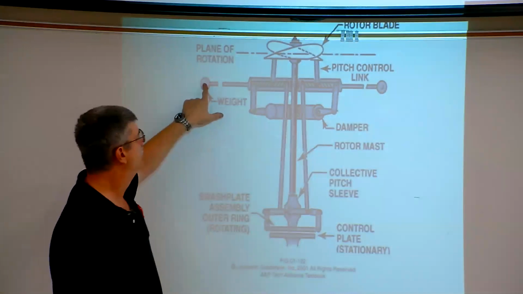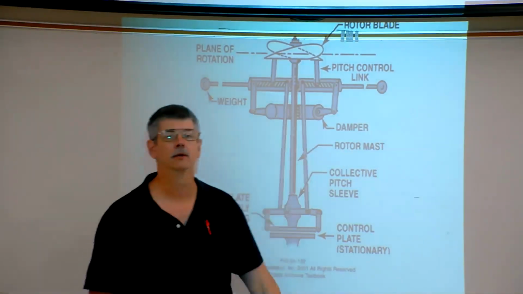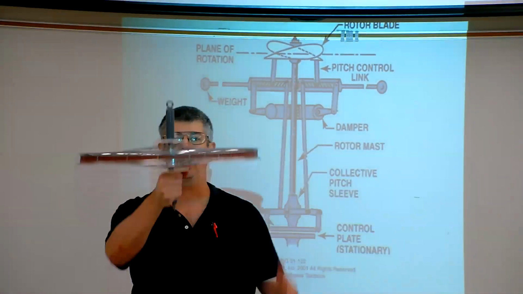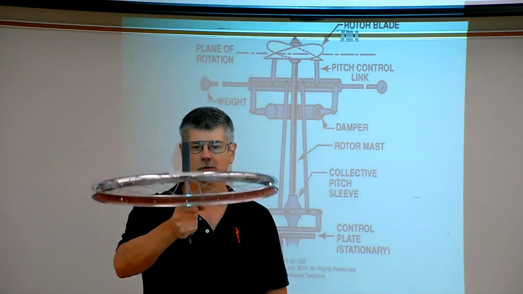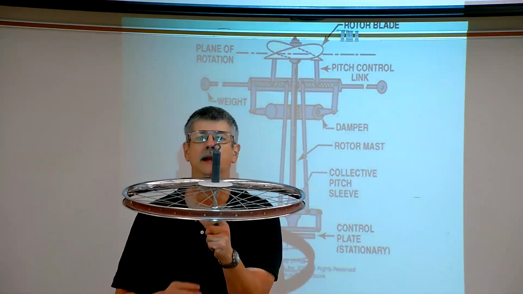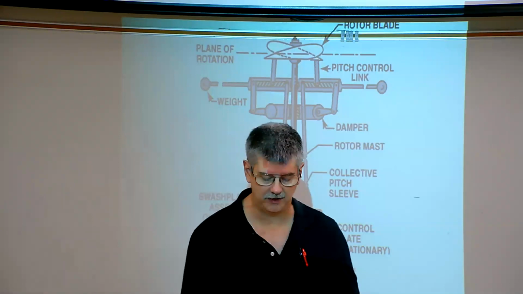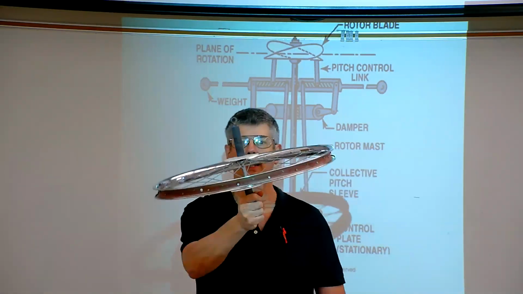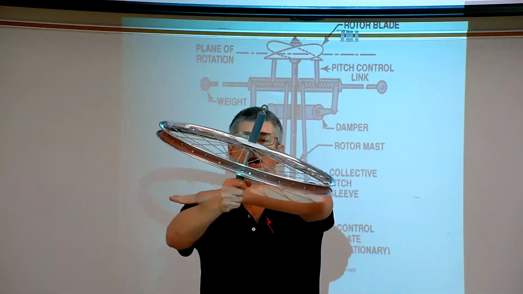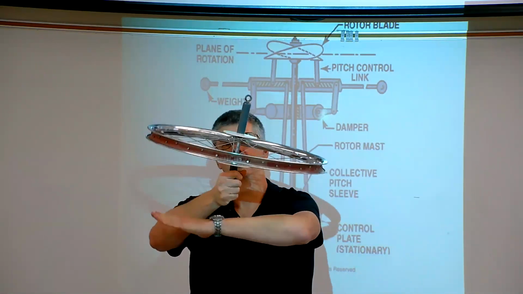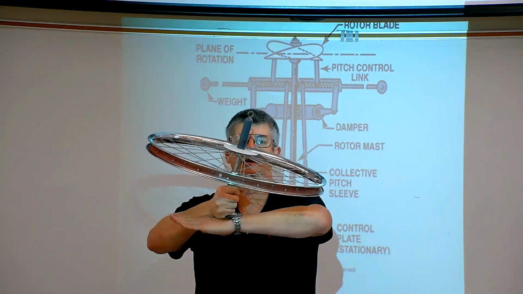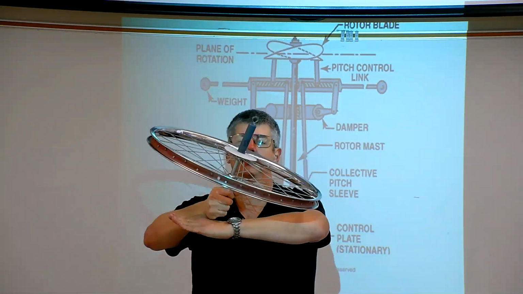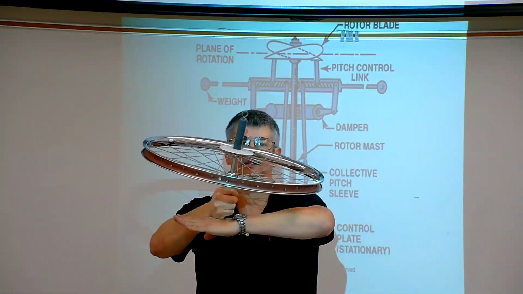The Bell stabilization bar is what's going to try to stay level, rigidity in space. If the helicopter tries to move like so, the bar is staying level. So when it goes like this, it stays level.